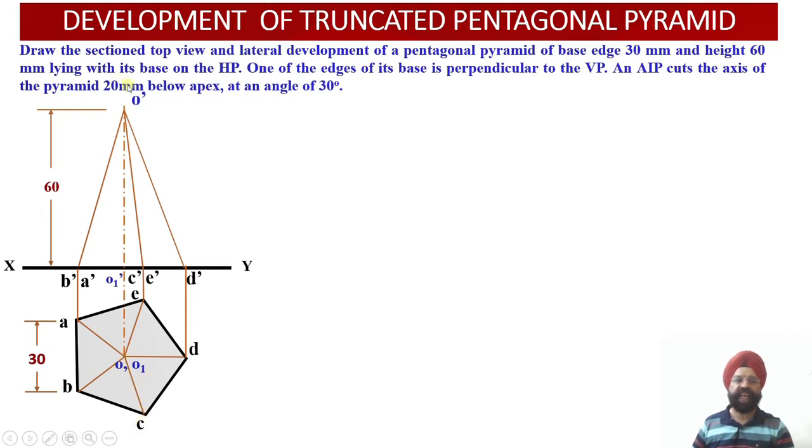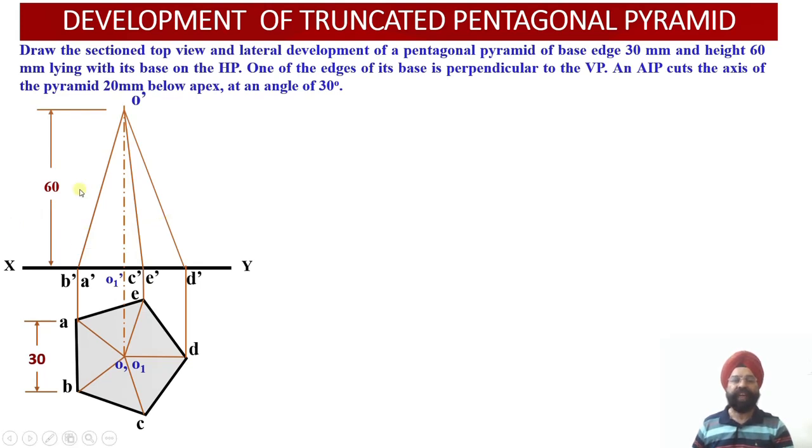So the O dash C dash projectors will be dark, and the O dash E dash projectors over here will be dotted. The hidden line projections have been overpowered by the solid line projections corresponding to the edge O dash C dash over here. So all the three projectors we have to draw with the help of solid lines.